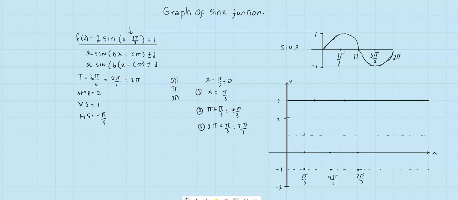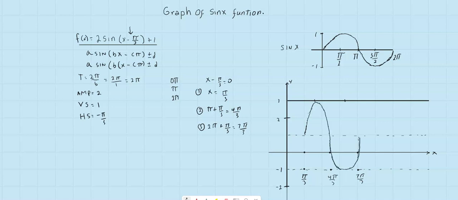It's going to go up like this, then across to this point right here, then down like this and up like this all the way to here. It's not the best sine wave that I can draw, but it's going to look something like this.